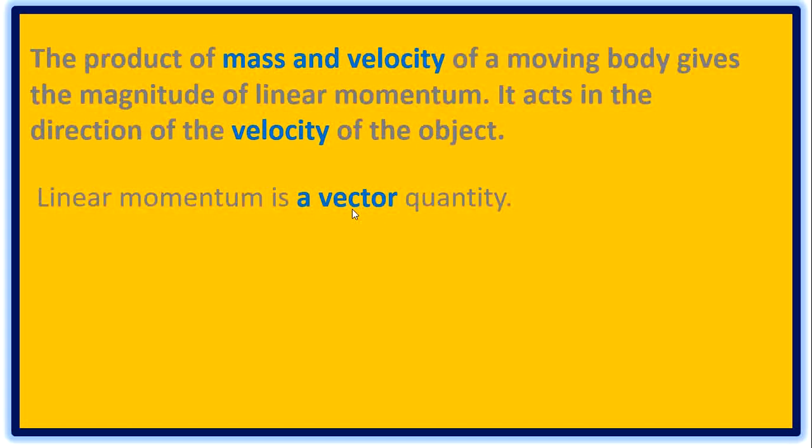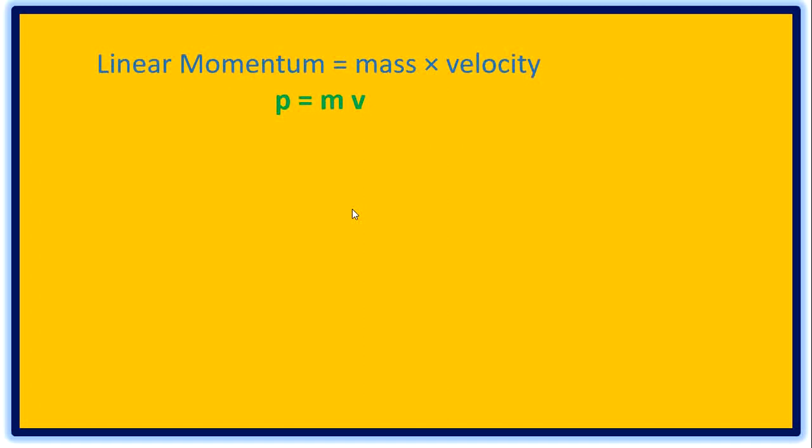Suppose the mass is greater but the velocity is less, then linear momentum does not take place. Okay, so linear momentum means some changes take place on the body. If an impact is produced on a body, then we say it is linear momentum. So this linear momentum is a vector quantity.